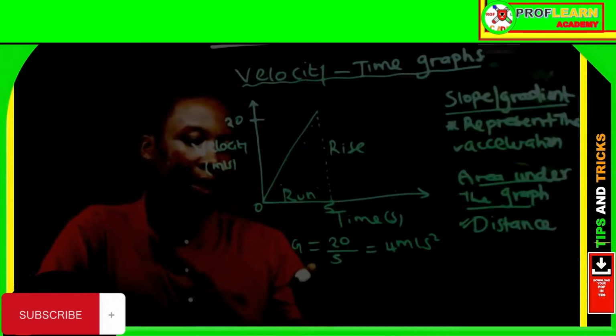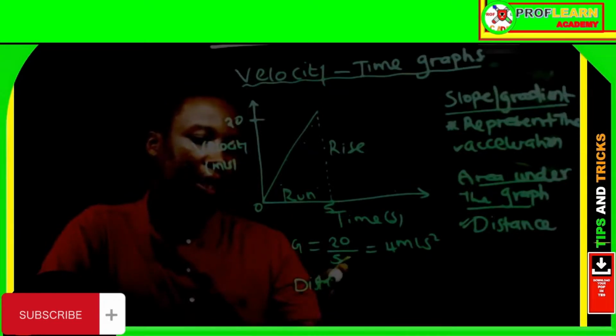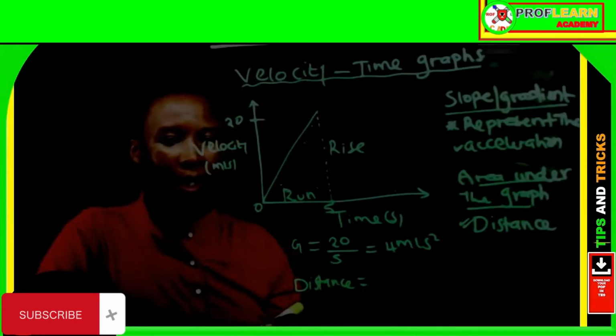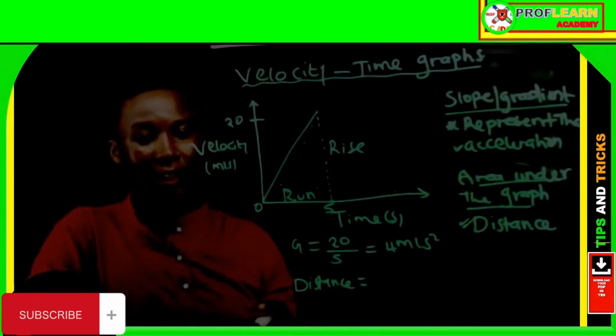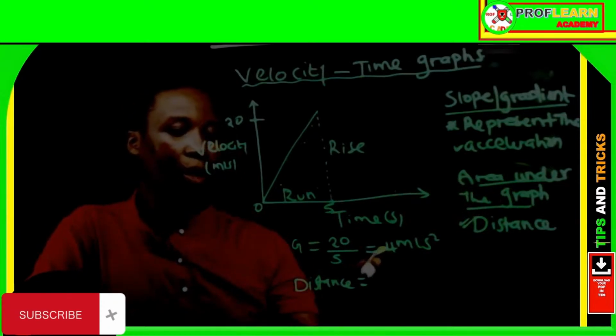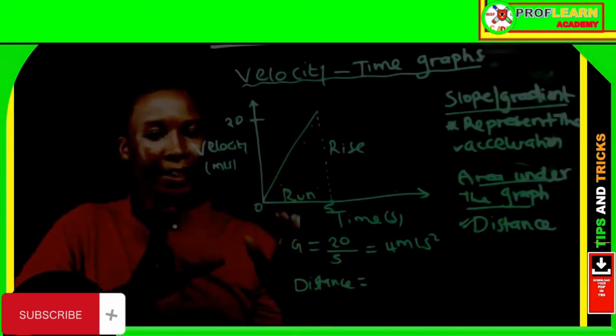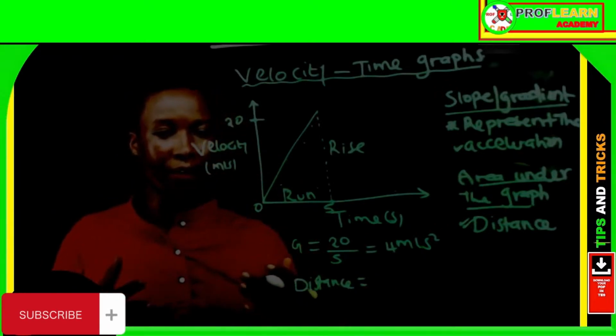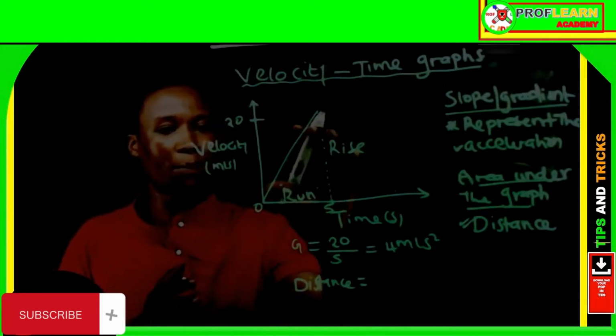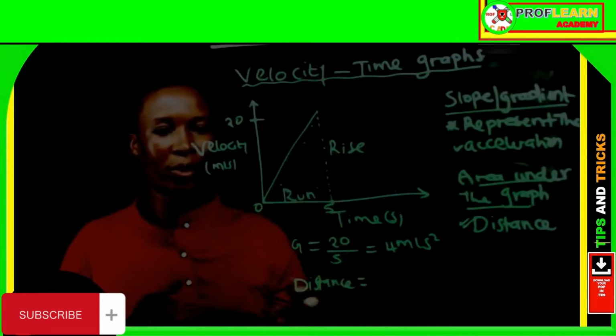And if we're working out distance covered, we look at it from the aspect that the area under the graph represents the distance covered by this object. How are we going to work out the distance? You must look at the shape of the graph you are given. Is it a triangle? Is it a rectangle?